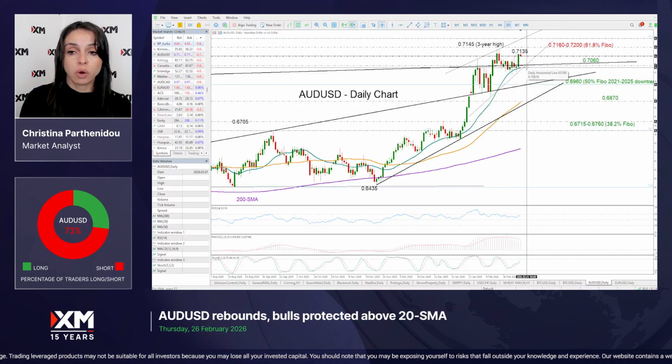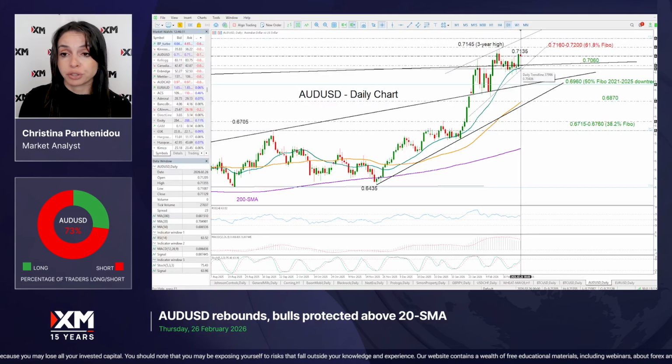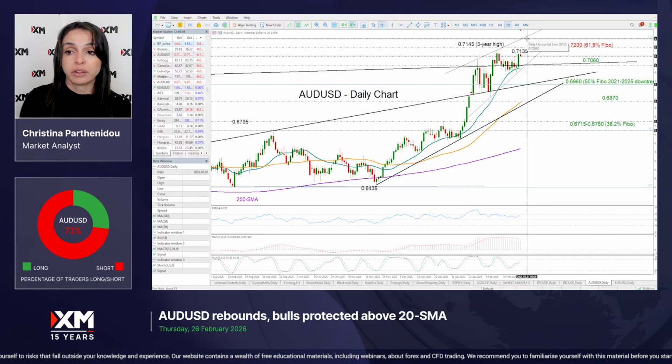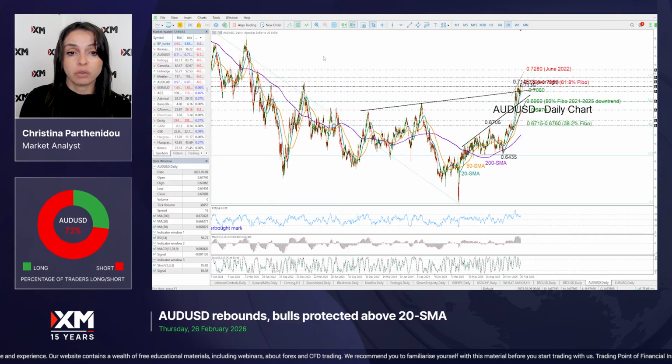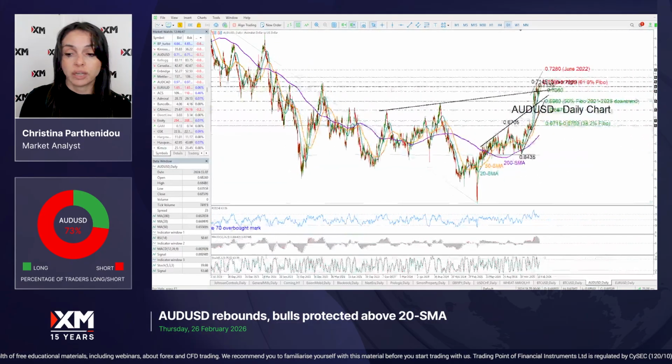So as long as we hold above this territory, additional upside pressures are likely, and perhaps the price may retest 0.7160 and the 0.72 territory, where the 61.8% Fibonacci retracement level of this long-term downfall from 2020 to 2025 is placed.